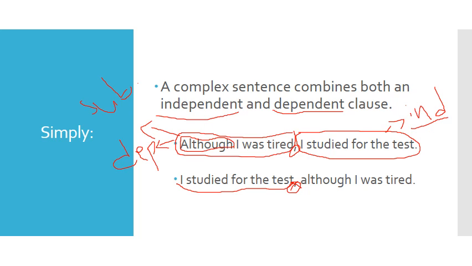Both give the same main idea, but the first one started with the dependent clause and I added a comma after it. The second one started with the independent clause, so I should not add a comma after it.